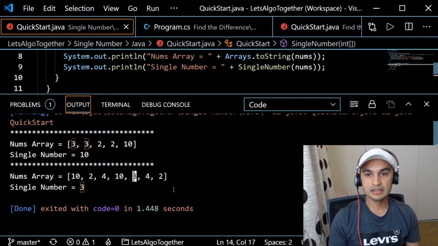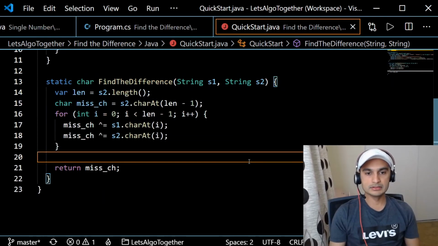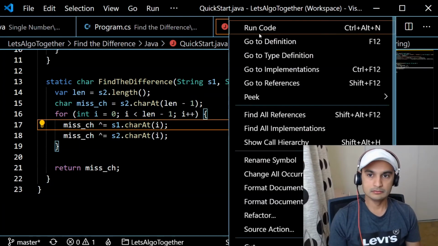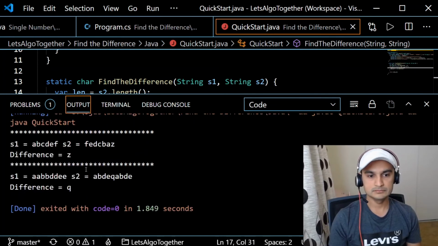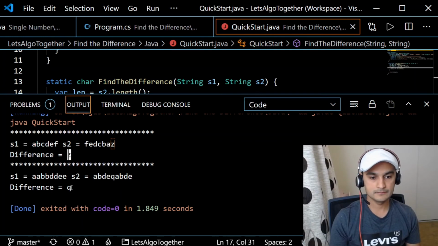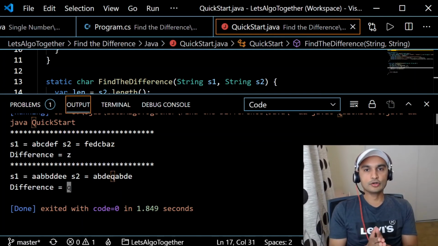So that's the single number problem. Let's look at find the difference. Again, really short code, exactly same as what we discussed on the whiteboard, but still, let's run it. So there you go. For the first example, the different character is Z, and for the second example, the different character is Q.